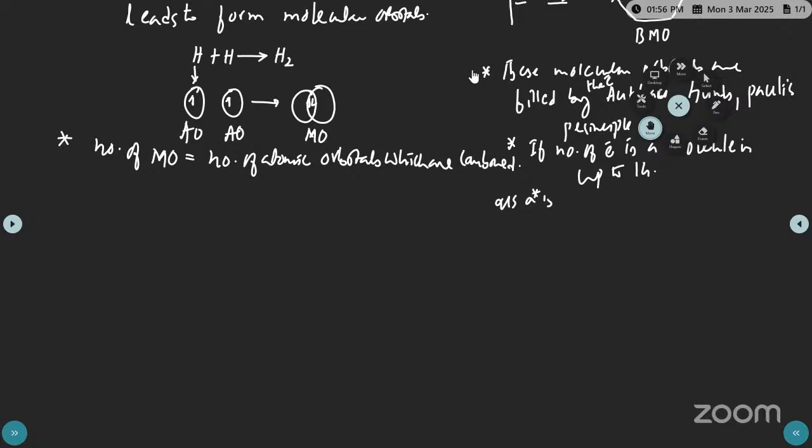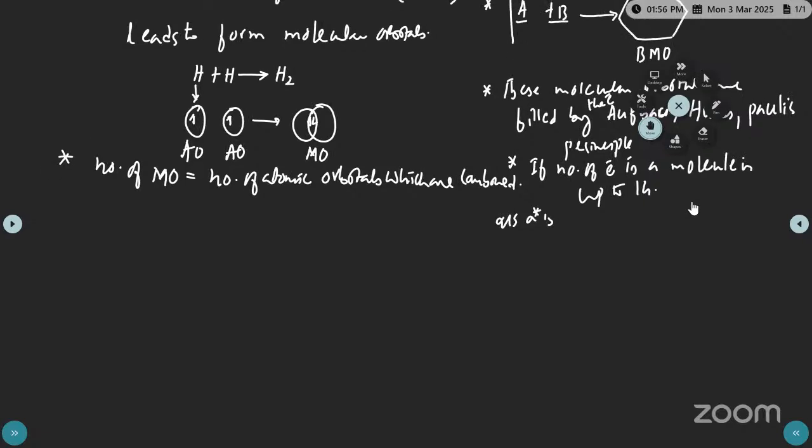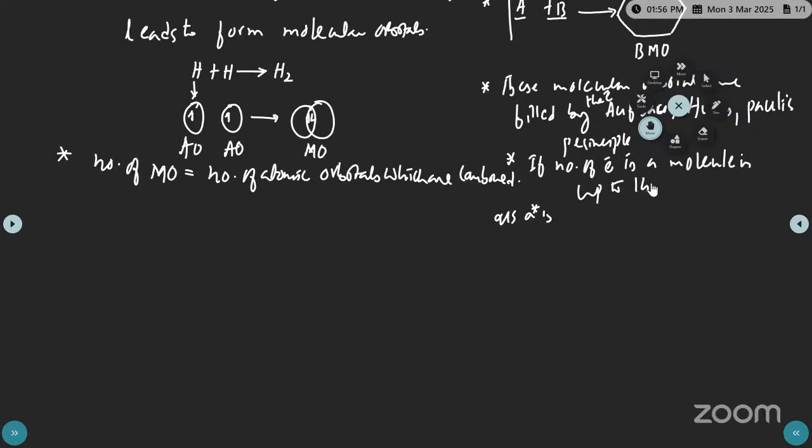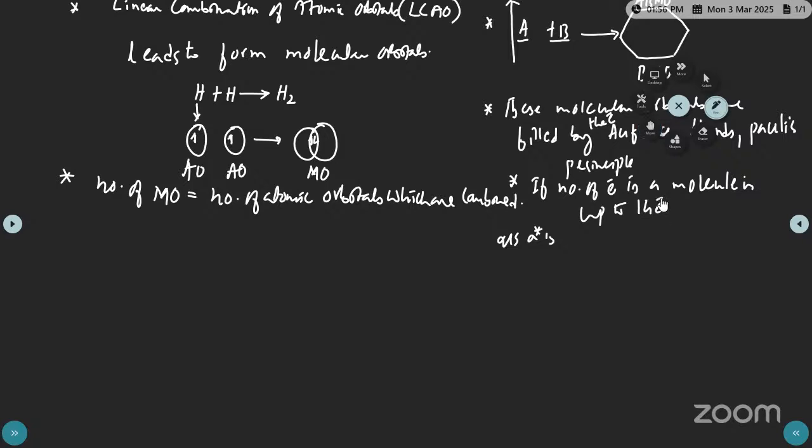So if the number of electrons in a molecule is up to 14, the configuration is like this: sigma 1s, sigma star 1s, sigma 2s, sigma star 2s. So what are the stars? Anti-bonding molecular orbitals. Anti-bonding molecular orbitals are denoted by star.